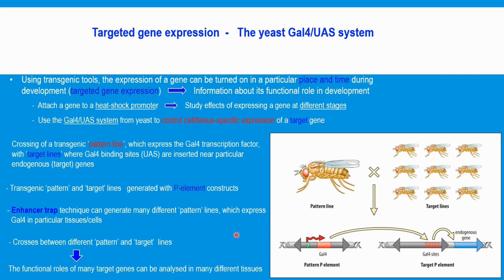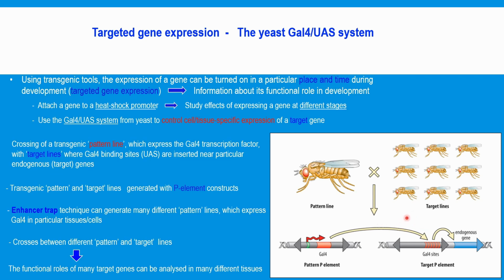And the typical thing is that we have hundreds of these lines with Gal4 expressed in different patterns. And in the case of RNAi lines knocking down, we have thousands of these lines. So there are multiple RNAi stocks of flies available with UAS RNAi to cover every gene.